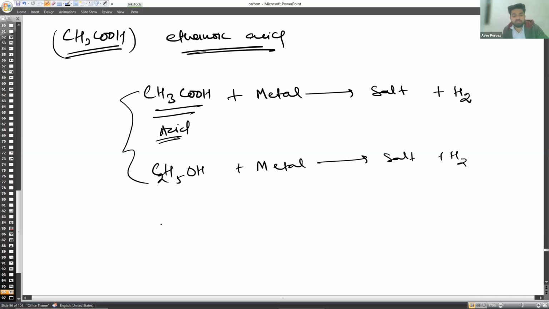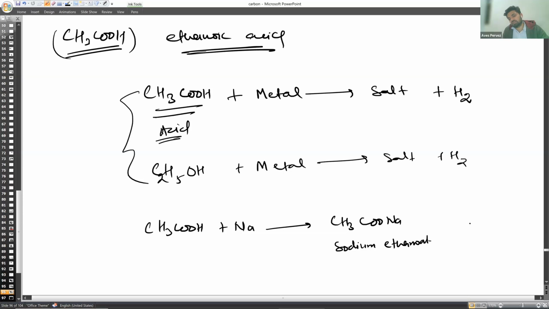Actually, ethanoic acid, CH3COOH. First note this one: if CH3COOH reacts with sodium, it will give you CH3COONa, which is known as sodium ethanoate, plus hydrogen gas. Note it down. This is the first property of ethanoic acid.